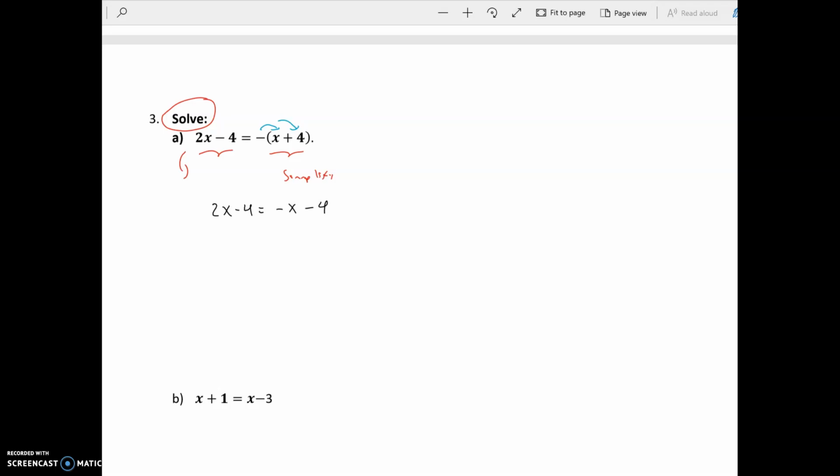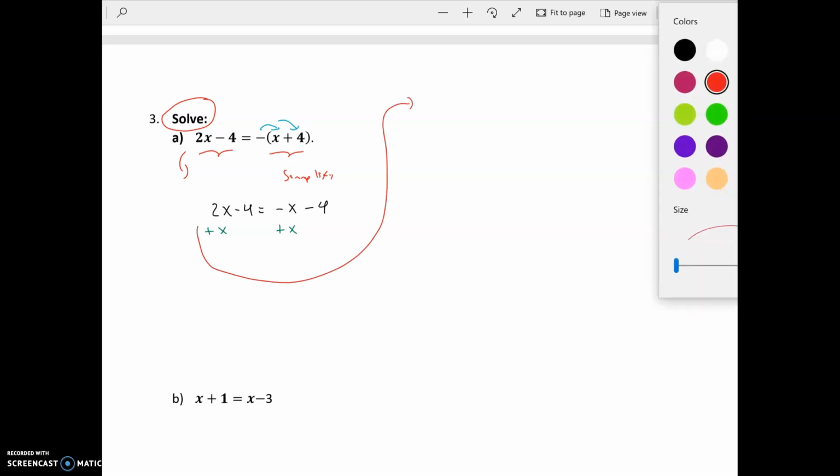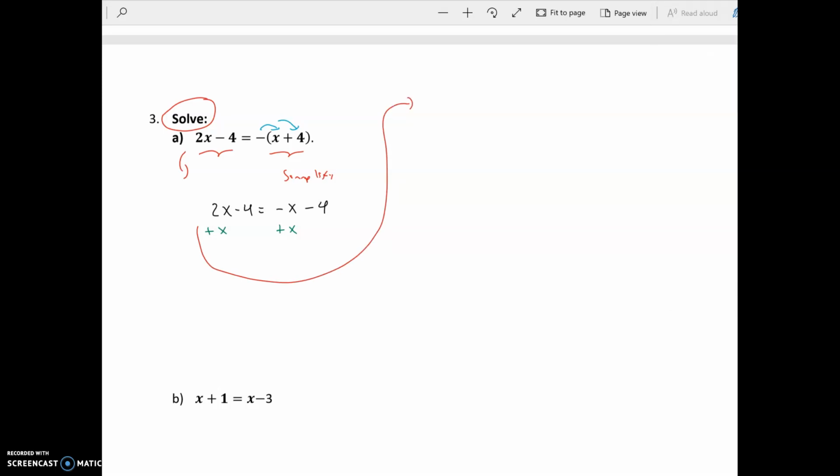So let me first put the x's in one position. So in this case, plus x and plus x. And that actually gives us, and let me move the problem here, the value of 3x minus 4, which is equal to a -4.